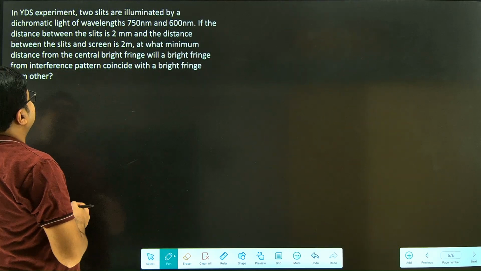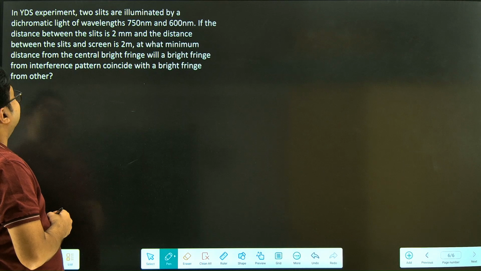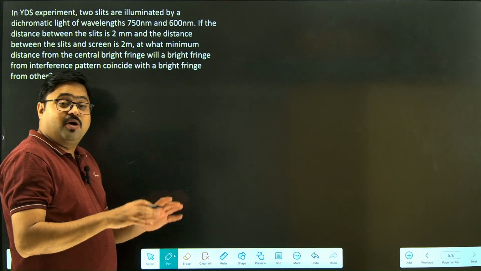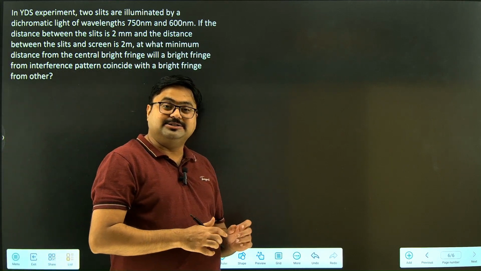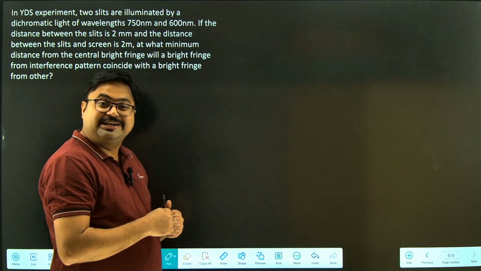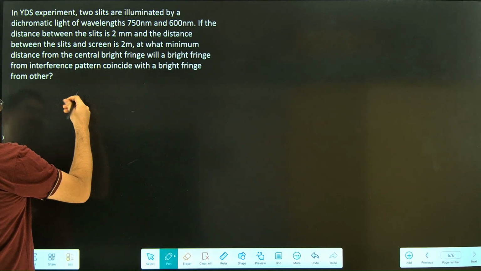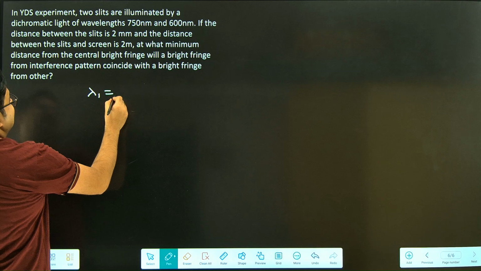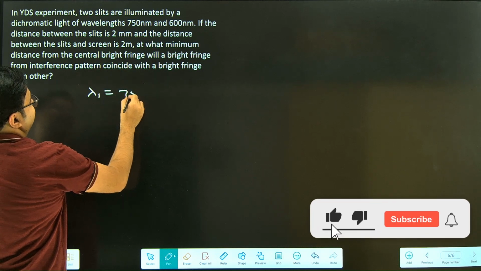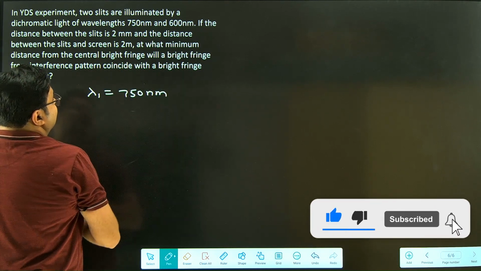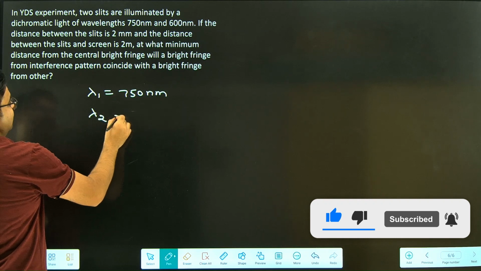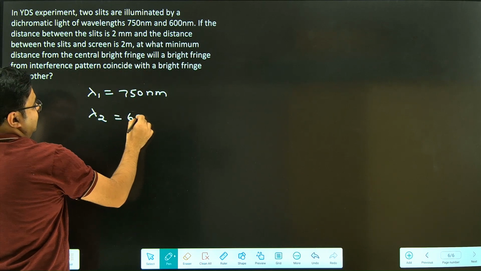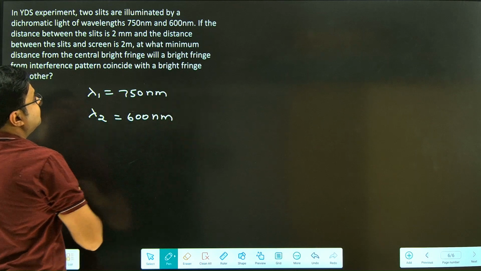In Young's double slit experiment, two slits are illuminated by dichromatic light. So on the Young's double slit experiment apparatus, two wavelengths are incident simultaneously. The first wavelength, my friends, let me write that as lambda 1, and it is 750 nanometer. And the second wavelength that is incident on it is 600 nanometer.